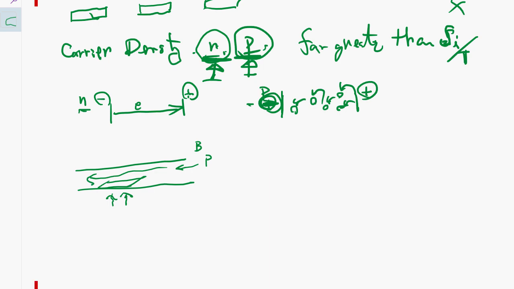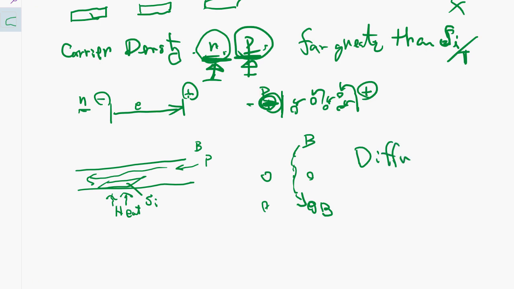Then this silicon, because of the heat, the molecules vibrate, and while the molecules vibrate, the boron diffuses in and replaces silicon. So we use a diffusion process.